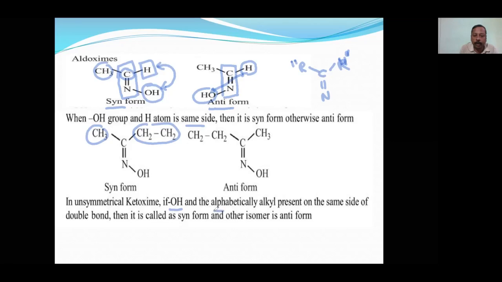If OH and the alphabetically higher alkyl group are on the same side, here ethyl starts with E and methyl starts with M, so methyl is higher, then it will be syn. If the alphabetically higher priority group is on the opposite side with respect to the OH group, then it is called anti. So how to identify syn and anti-isomerism in aldoxime and ketoxime is clear now.